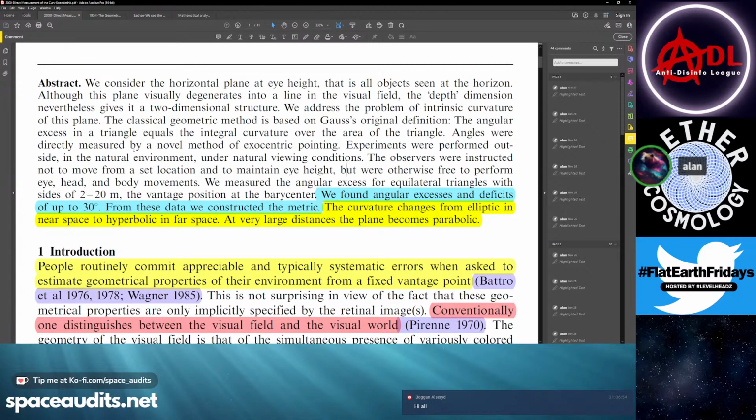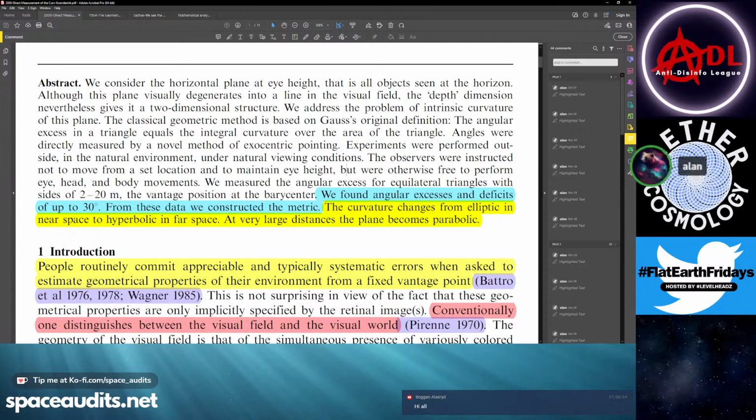Angles were directly measured by a novel method of exocentric pointing. Experiments were performed outside in natural environments under natural viewing conditions. The observers were instructed not to move from a set location and maintain eye height, but were otherwise free to perform eye, head, and body movements.